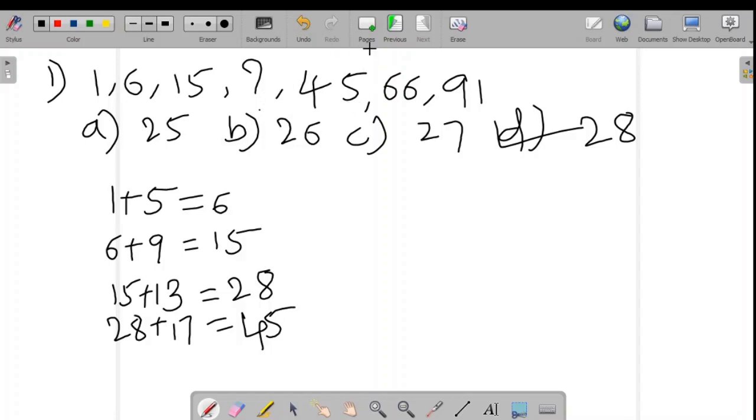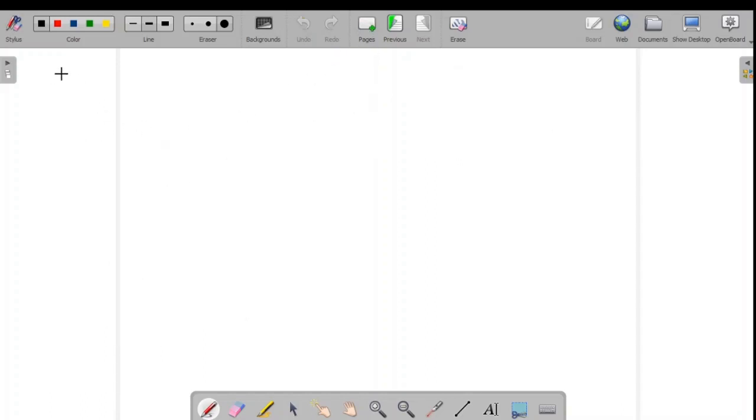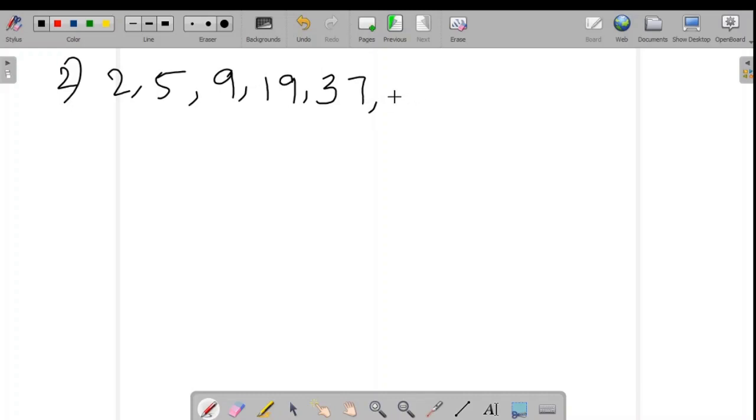Next, we will look into the next question here. Second question, let me write the sequence here: 2, 5, 9, 19, 37, and question mark. So we have to observe this series and write the next number here.